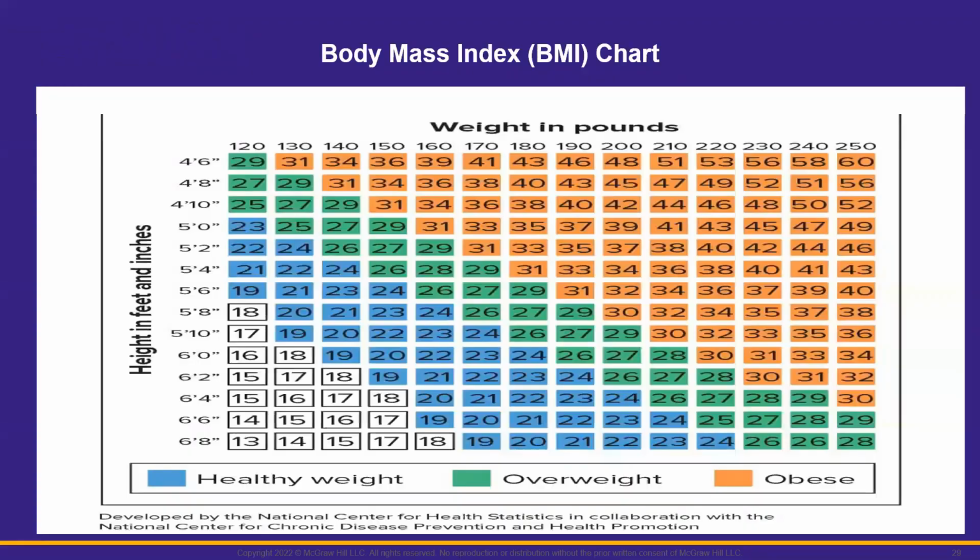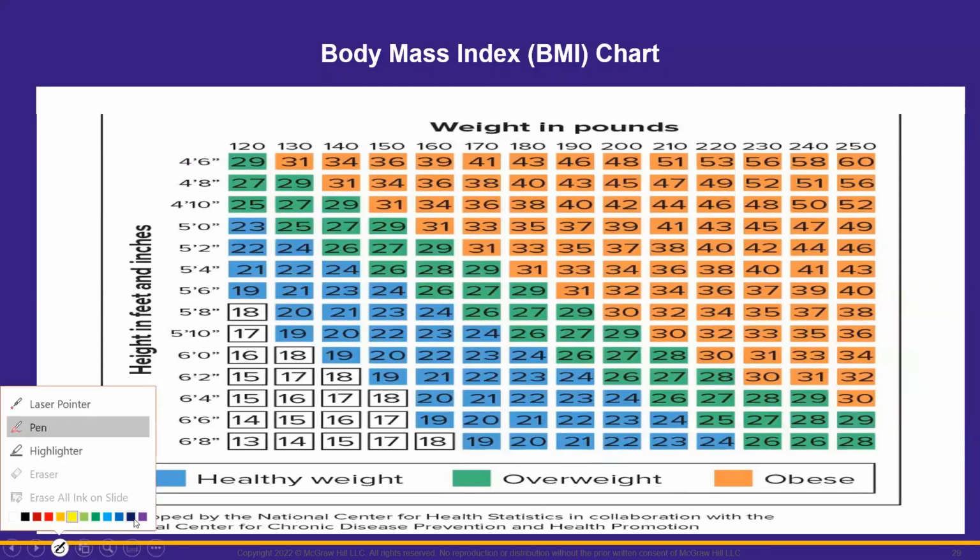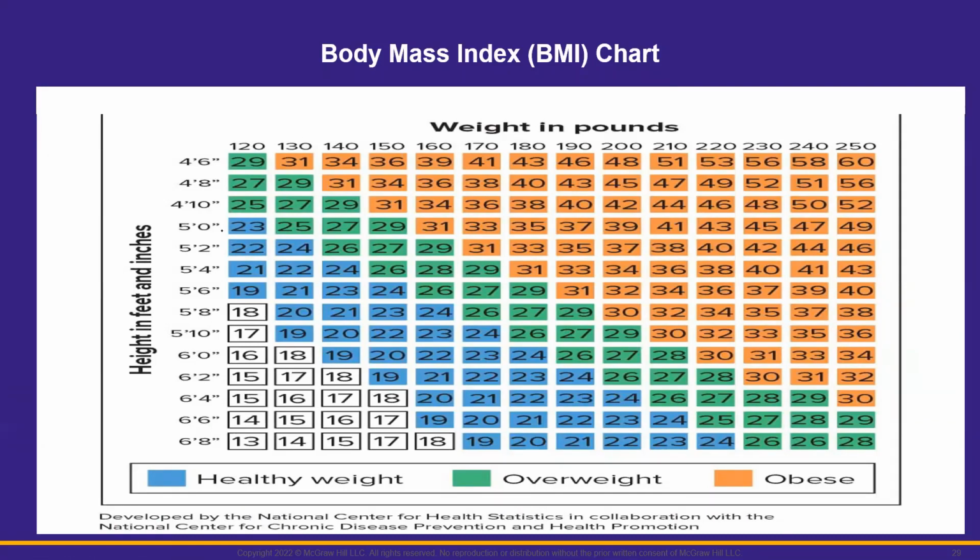So this is the table for the BMI. If you see here, this is 19 to 24. This is the desirable body weight or BMI. This is calculated based on the height and the weight of that person.